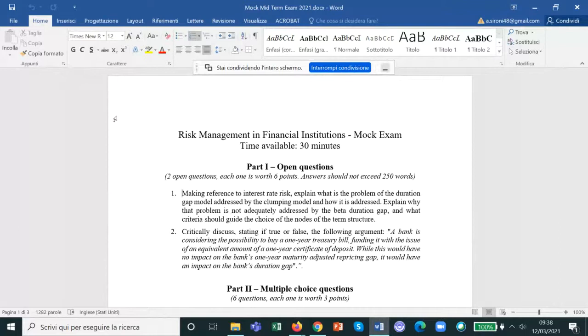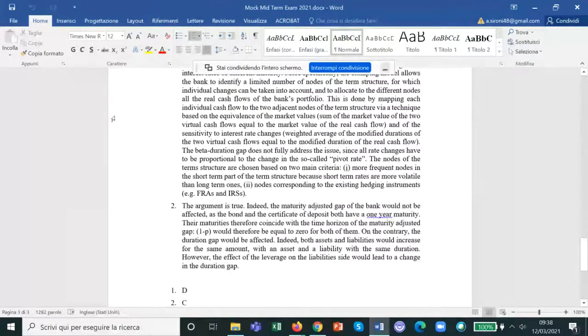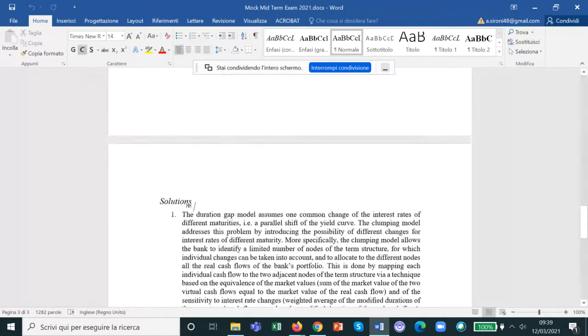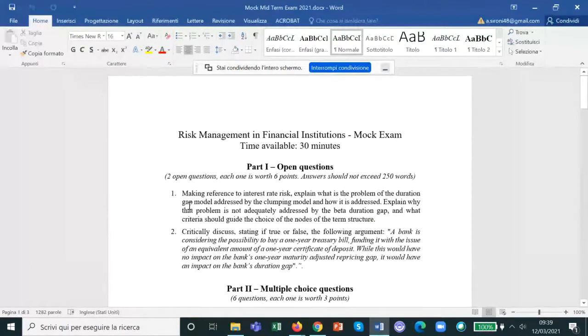And therefore the duration gap, which also includes leverage, would be affected. And this is the answer. The argument is true. Indeed, the maturity adjusted gap would not be affected, as their maturity is the same. On the contrary, the duration gap would be affected. Indeed, both assets and liabilities would increase by the same amount, with an asset and liability with the same duration. However, the effect of the leverage on liabilities would lead to a change in the duration. Okay? So to recap, one question is very descriptive, the second one is more reasoning.